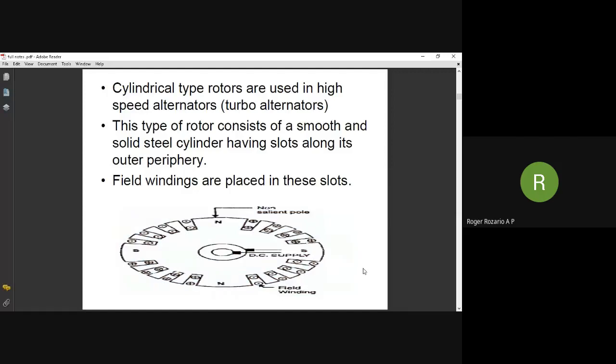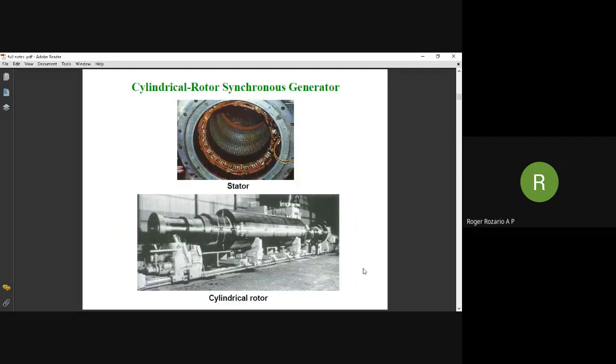Always remember the rotor is excited with DC supply and we are tapping out 3-phase AC supply from the stator. So this is a cylindrical rotor. This is how a cylindrical rotor will look. Look at the axial length. Diameter was small. Look at the length of the cylindrical rotor. It is very large.